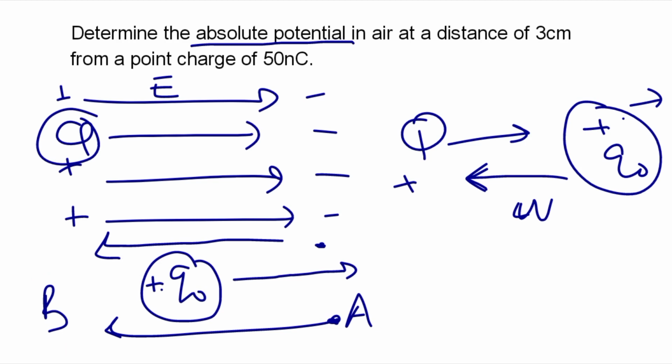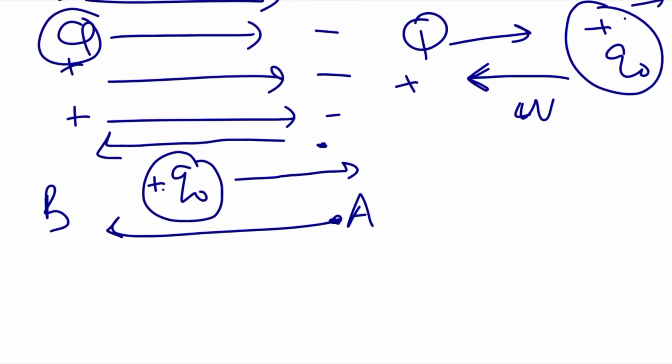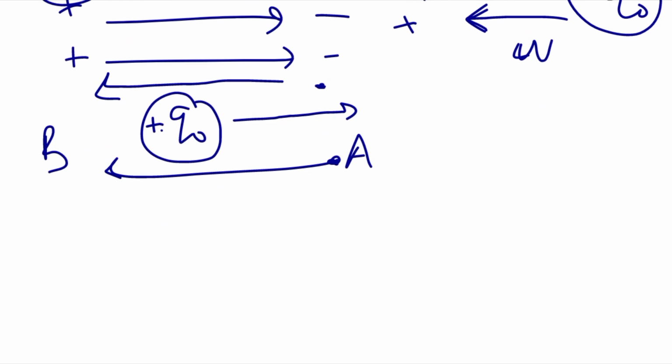Now, one thing we need to understand here is that the general overview of this concept is that in moving a charge from a point to another point, opposite to the electric field, you are trying to counter it. If you are doing that, then definitely you are doing some work.